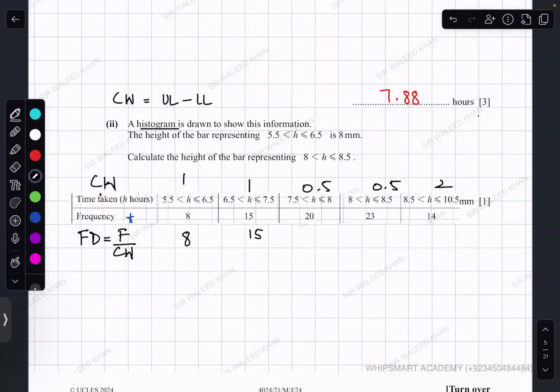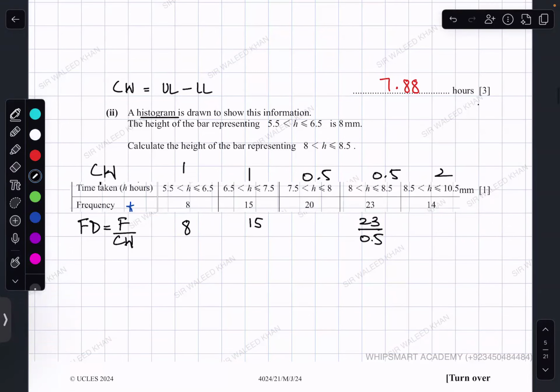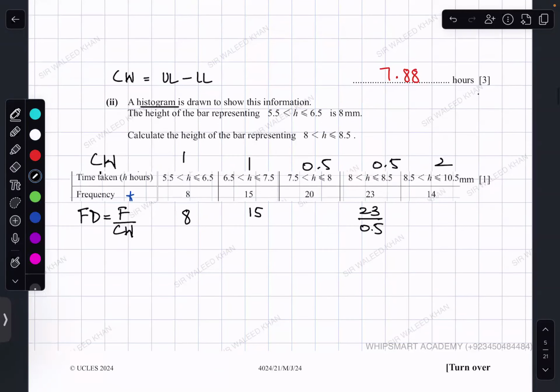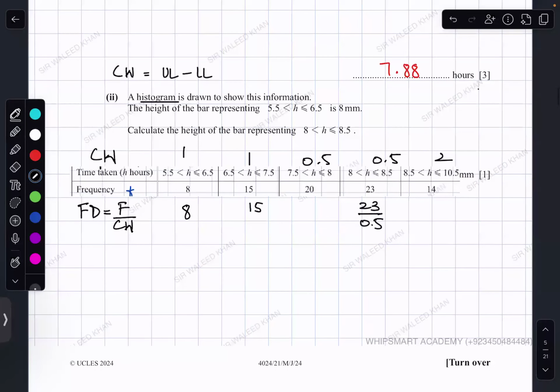Calculate the height of the bar representing 8 is greater than 8 and less than or equal to 8.5. So they are concerned about this portion. So that should be 23 by 0.5. Okay. So the height of the bar will be represented by the frequency density.